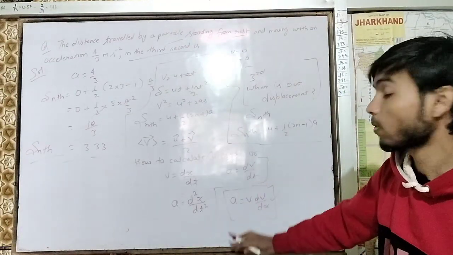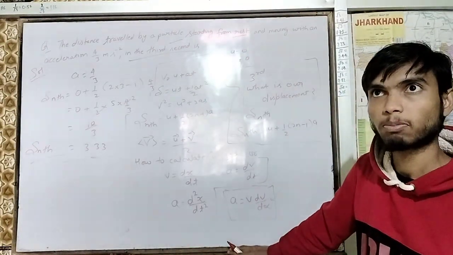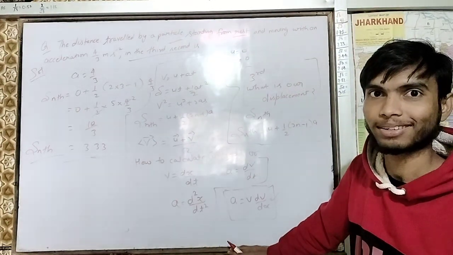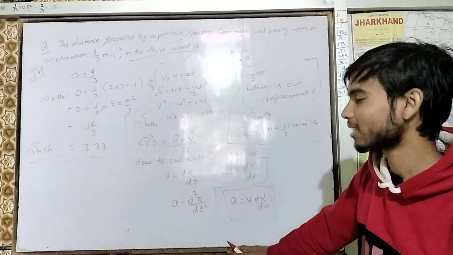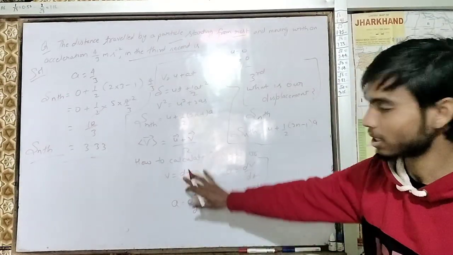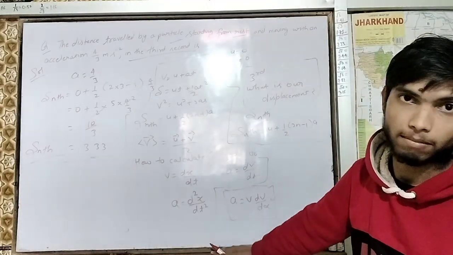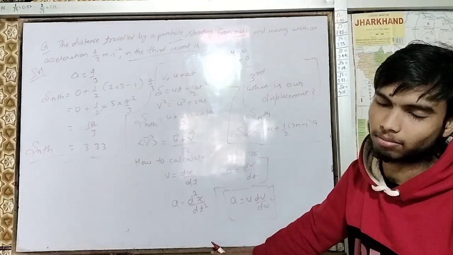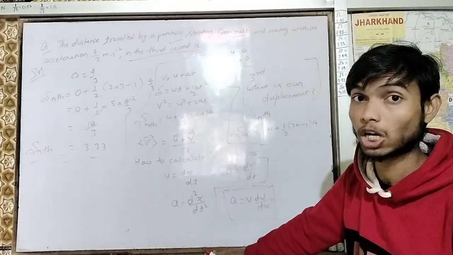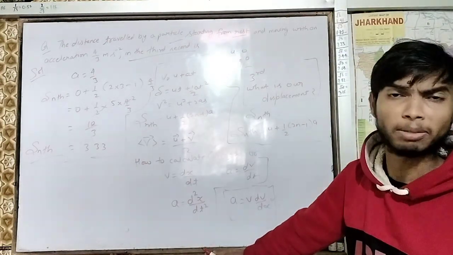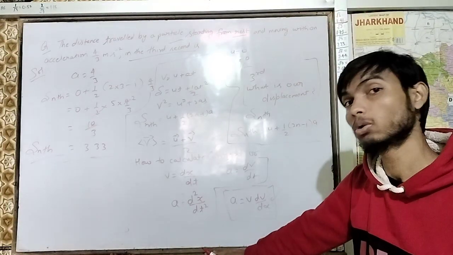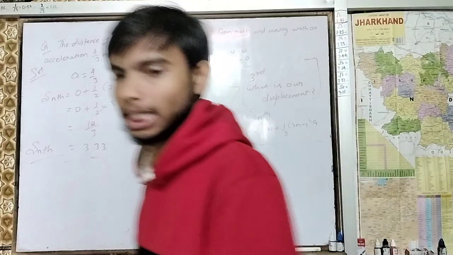I will tell you in the next part of this lecture. In that lecture, we will see uses of all these formulas: v is equal to dx upon dt, a is equal to dv upon dt, and a is also equal to v into dv upon dx.